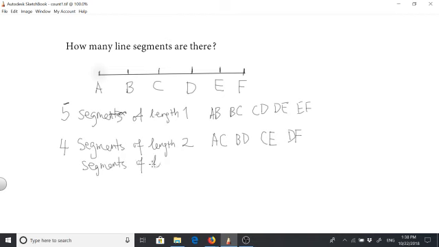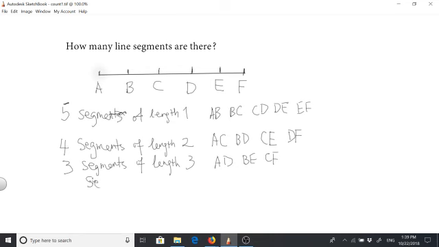And it is also easy to count segments of length 3. And we can see there's a pattern here. There will be 3 segments, which are from left to right, AD, BE, and CF. Many times being able to find the pattern will help us in counting. Okay?